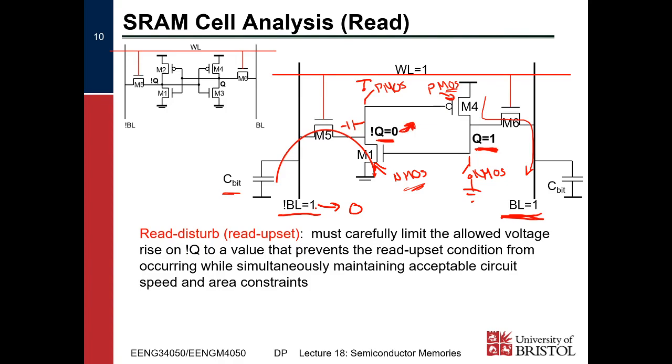If this rises too high, this will cause M4 to turn off, and I believe that's M3 to turn on. Yeah, M3 to turn on, and so it will change the value in our cell. So we need to be very, very careful that this does not rise above V mid, our crossover point, right? So we need to be very careful about that, and we need to size M1 and M5 accordingly, right?